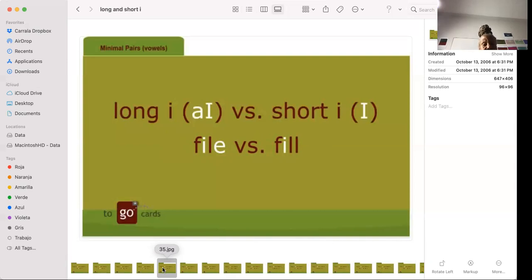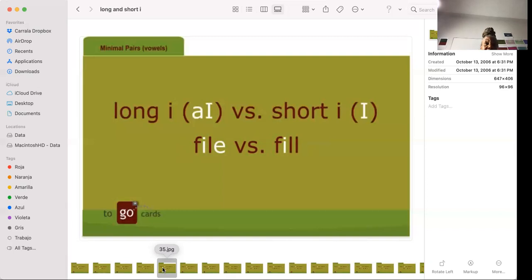Spanish speakers have a particular problem with the short I and the long E sound. I talk about that in another video, but it can be somewhat embarrassing when you want to say S-H-E-E-T, sheet, and by mistake, because your tongue doesn't act right, you say S-H-I-T, which is a vulgar term in English.